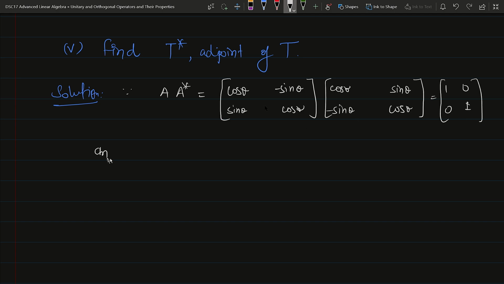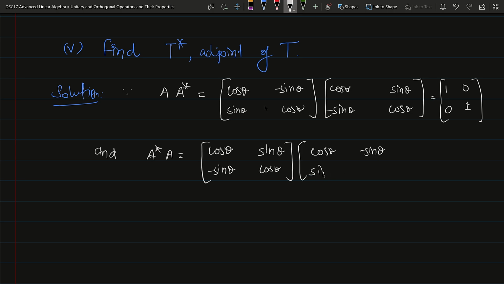And what about A A star? That is equal to cos theta, minus sin theta, sin theta, cos theta, and then we have cos theta, sin theta, minus sin theta, cos theta, and again you can verify that this is the identity matrix.